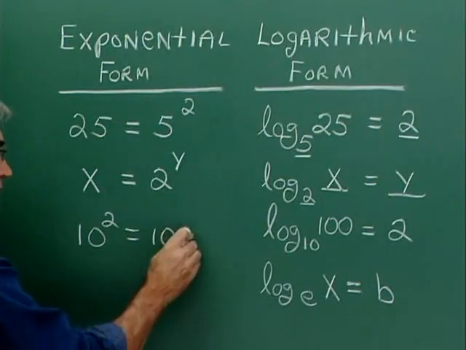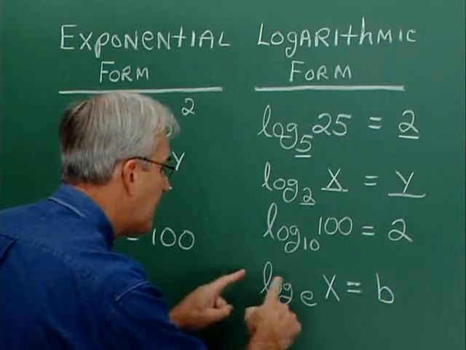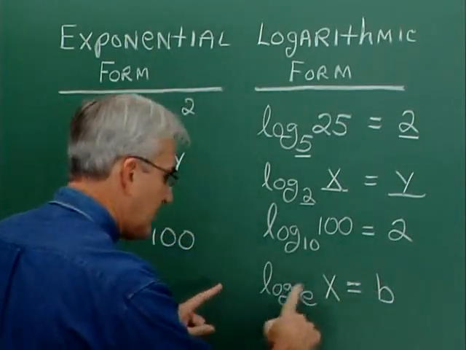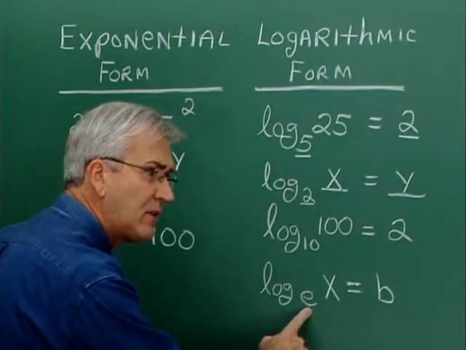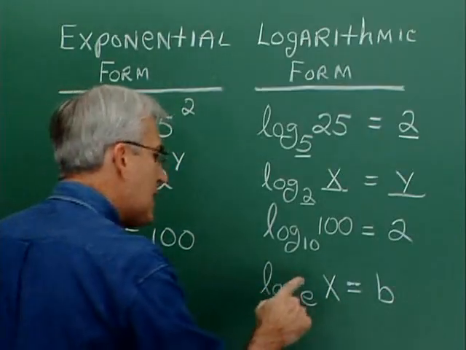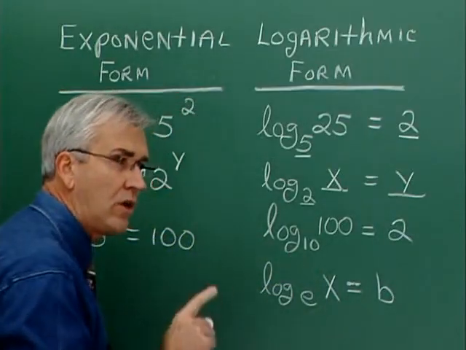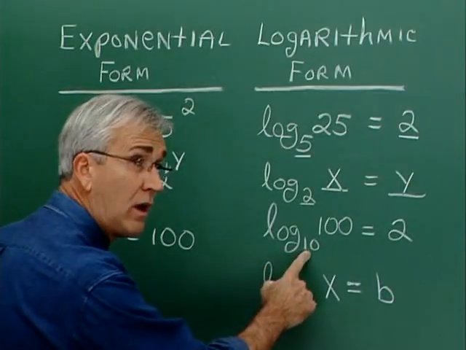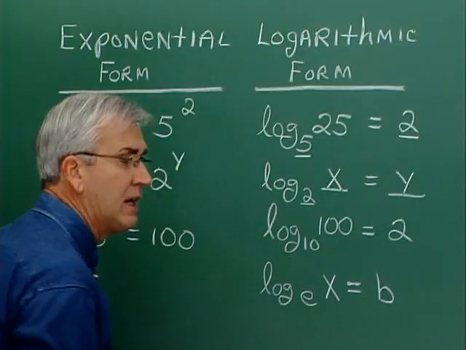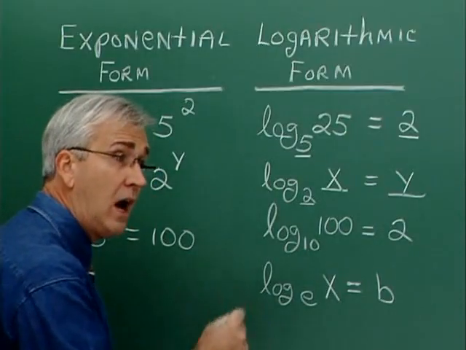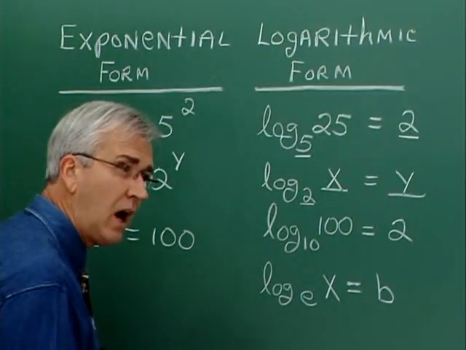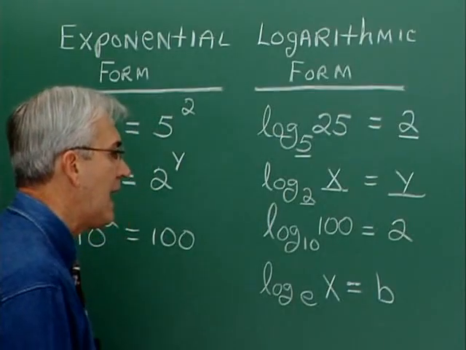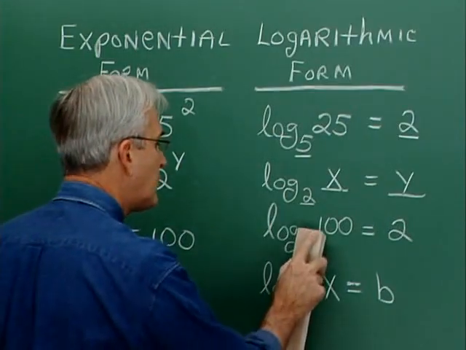And for this one, wow, this is rather interesting. Certain bases are used so often that they're not even written. As a matter of fact, this is one of them. This base 10 is referred to as a common logarithmic base. It's a common log. And often when it's used, it's not even written.